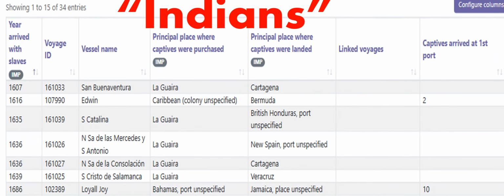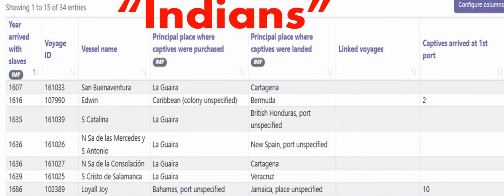So when we look at the information for the intra-American slave trade that involved Indians, we see that there were 34 voyages, and these voyages started in 1607. And then the next one was 1616, followed by a sort of pickup 1635, and then a couple of ships in 1636.